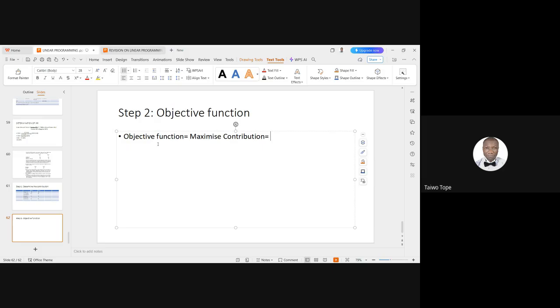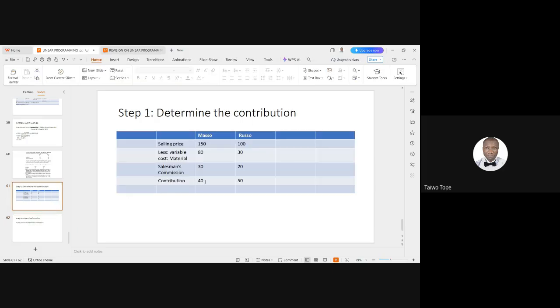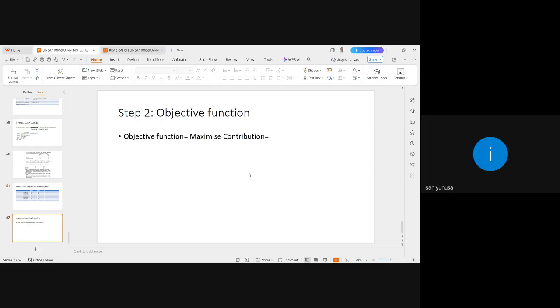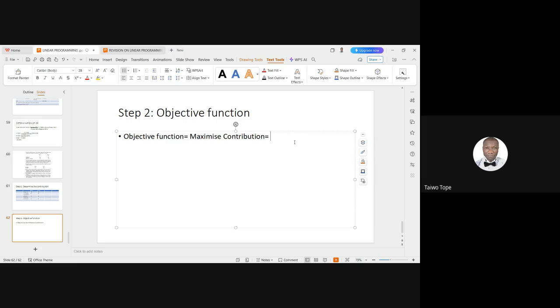And what is our contribution? 40 M plus 50 R. And to achieve this contribution, it is subject to what? Constraints.